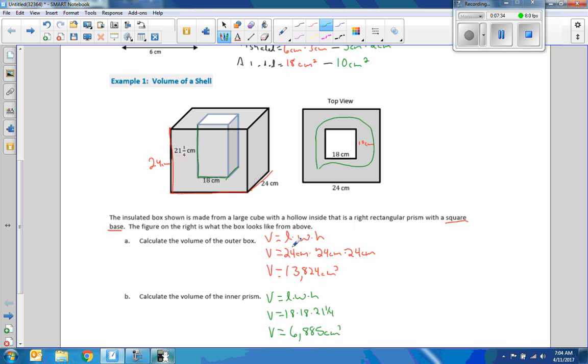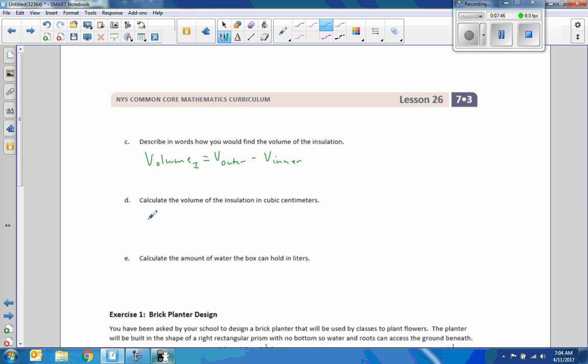So the volume of the insulation is the volume of the whole box minus the volume of the inner space. So it's going to be 13,824 minus 6,885. Okay, so the volume of the insulation equals volume of the outside minus volume of the inside.